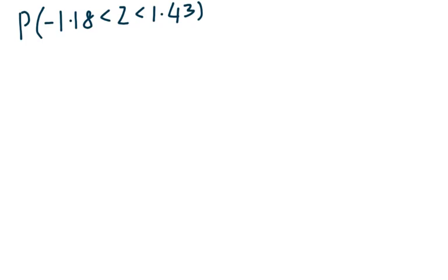Alright, the same thing: when we have the Z value, we always need to draw our standardized normal distribution with the shaded area for our Z score. One is a negative value, one is a positive value. Negative is going to be on the left side, positive is going to be on the right side.